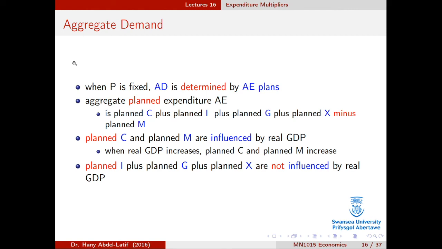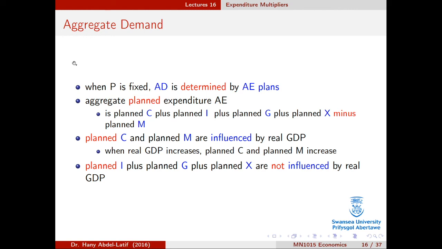So when P is fixed, and that's the assumption we made in the first slide today, when the price level is fixed, then the aggregate demand is determined by the aggregate expenditure, which is the consumption expenditure plus investment expenditure plus government expenditure plus net exports. So it's the same equation. Okay, so what we look at here is the planned expenditure, what all these sectors are planning to spend, which we call the aggregate planned expenditure.